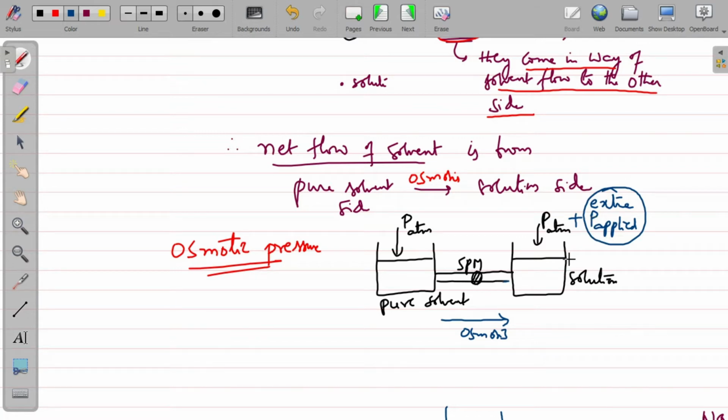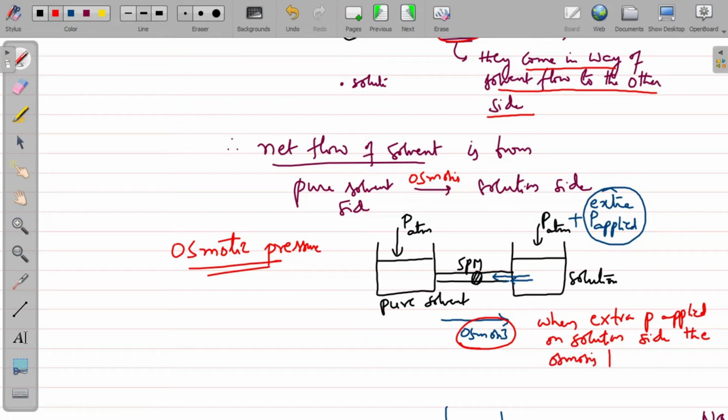Indirectly you are pushing the liquid so that more solvent molecules now go to the other side. So you are pushing it, therefore more molecules will travel from the solution side to the other side. So the net flow from left to right will now decrease when extra pressure is applied on the solution side. The osmosis decreases.